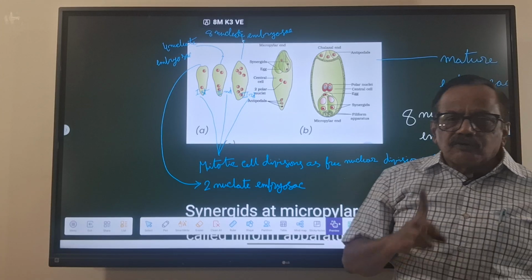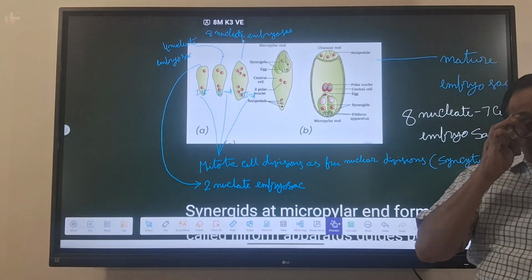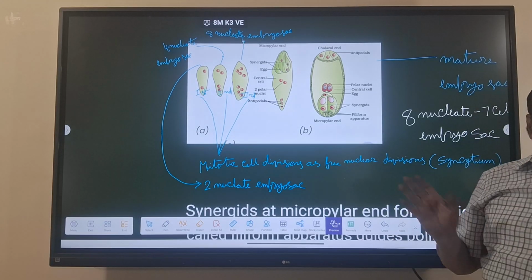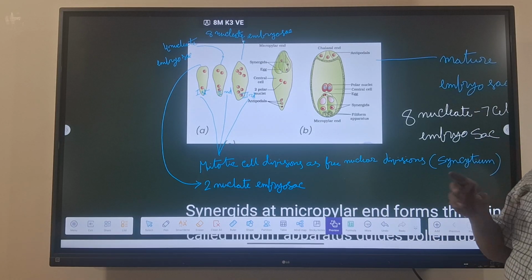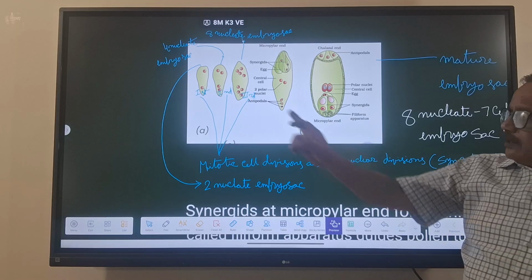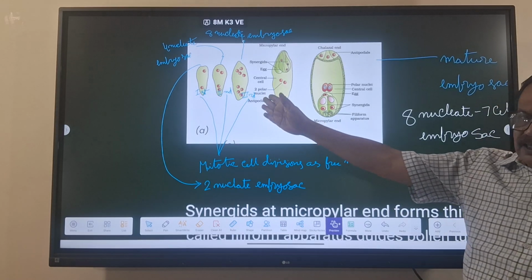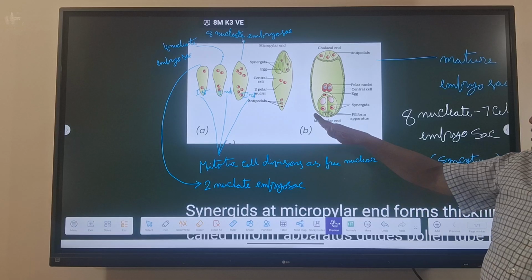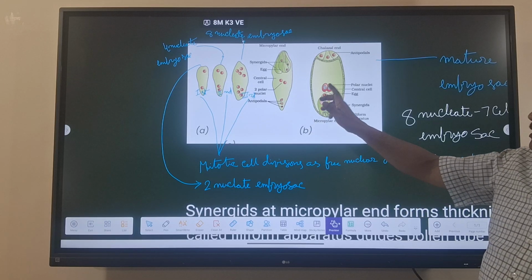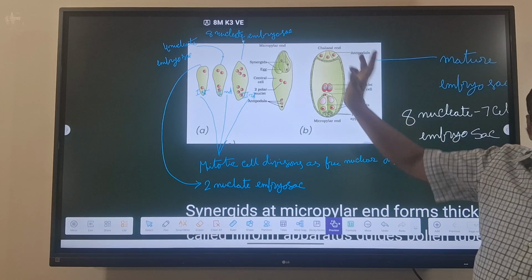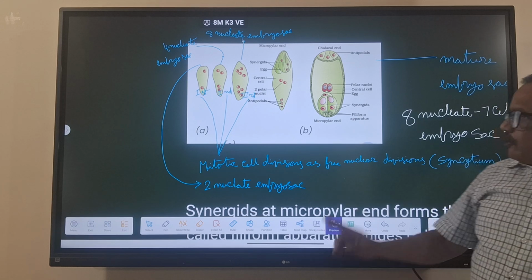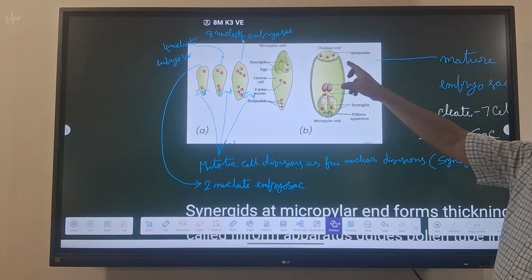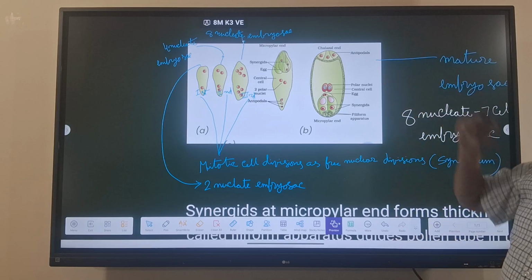Out of the 4 megaspores, one will be functional, and the functional megaspore forms the female gametophyte by free nuclear divisions 1, 2, 3 that we discussed. Later it forms 3 cells at the chalazal end and 3 cells at the micropylar end. The micropylar end cells are called the egg apparatus, and the chalazal side 3 cells are called antipodals.